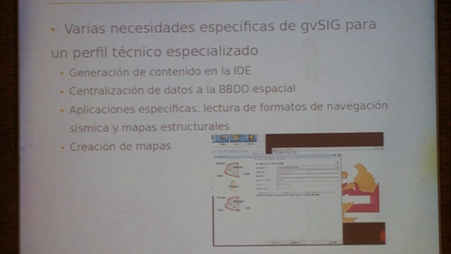We used gvSIG and we created a module in order to generate these contents in the spatial data infrastructure. We also did a centralization of data in the spatial database, and we had to develop some specific applications to read the formats of seismic navigation and structural maps. And so we were creating maps.